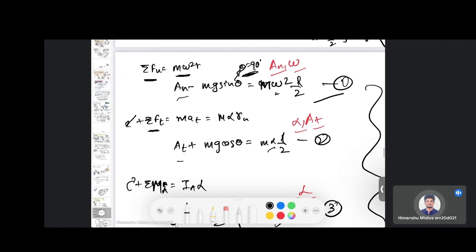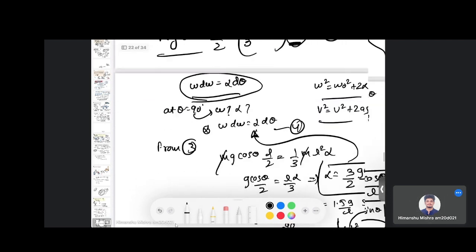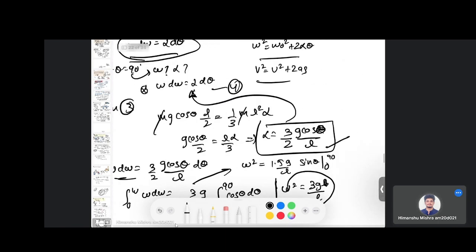And similarly I can use equation 2 here, where theta will be 90. So when theta is 90, this term will vanish because cos 90 is 0. So my AT will be m alpha L by 2. And alpha we already found. What is alpha at theta equals 90? This will be cos 90, so my alpha will be 0 at theta equals 90. Right?